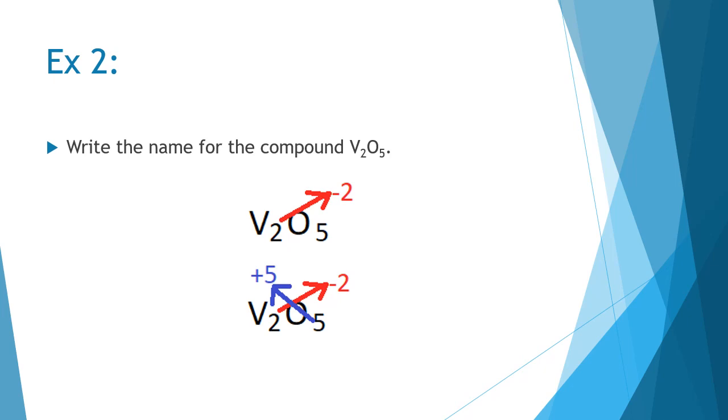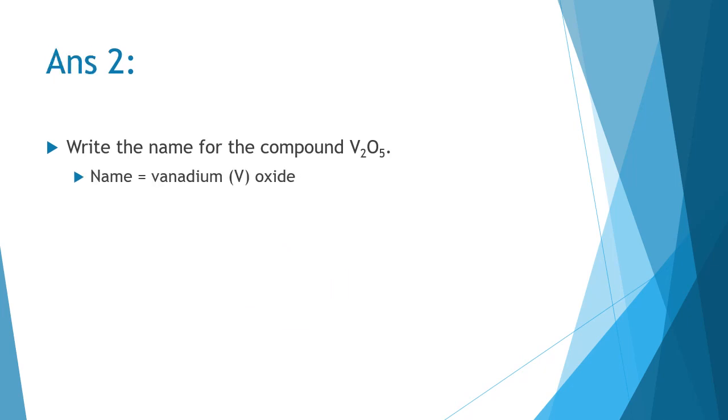If we do the same to the 5 next to oxygen and place it as the charge for vanadium, we discover that vanadium's charge here is +5. So when we name this, that is the vanadium(V) cation. Therefore, the name for V2O5 is vanadium(V) oxide. Now that you know how to write the names and formulas of ionic compounds, go forth and practice. Good luck!